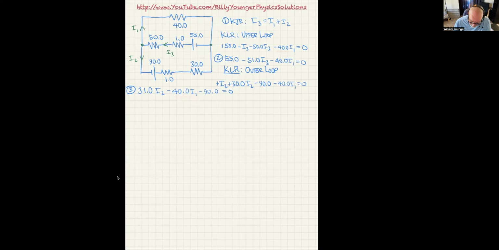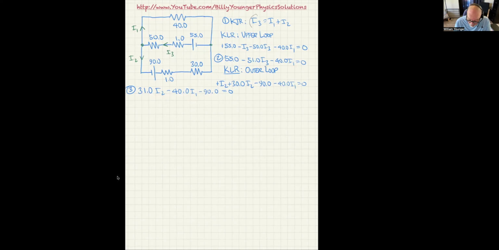But in equation 3, you also have I2, and in equation 2, you also have I3. So what we can do is we can solve equation 2 for I3, and it will be I3 in terms of I1. We can solve equation 3 for I2, and it will be in terms of I1. So by doing that, we would actually have two separate equations that relate two separate currents to I1.